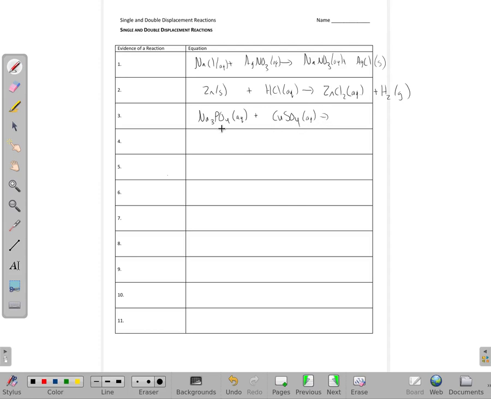All right. 2 ionic compounds. I'm expecting a double displacement. So NaSO4, sodium sulfate. Should be aqueous because all sodium salts are. And then copper ends up with phosphate.